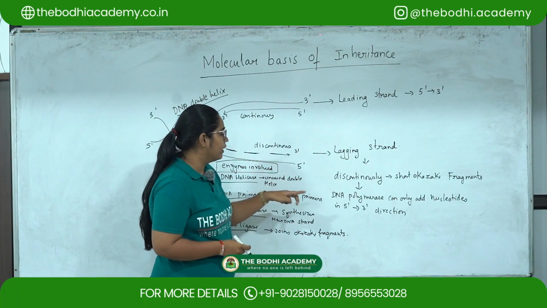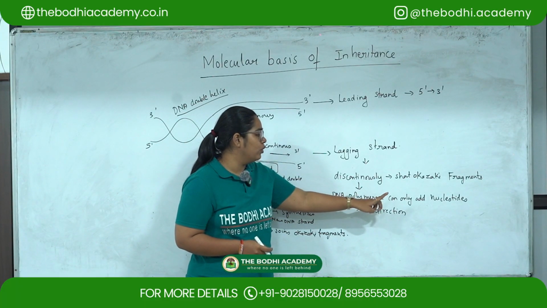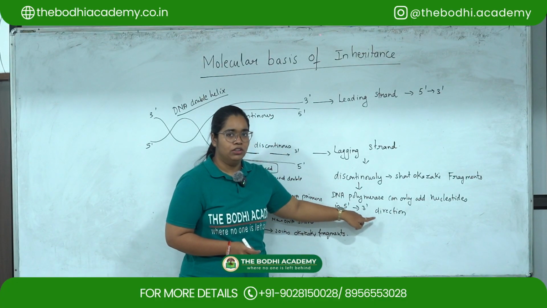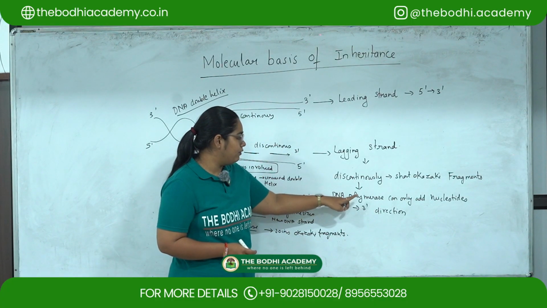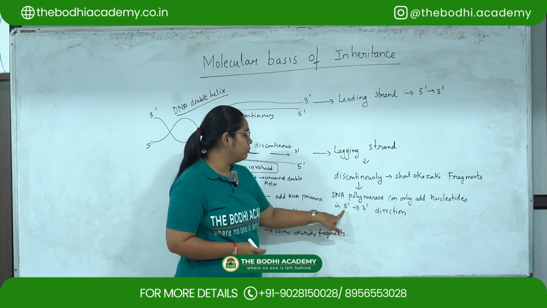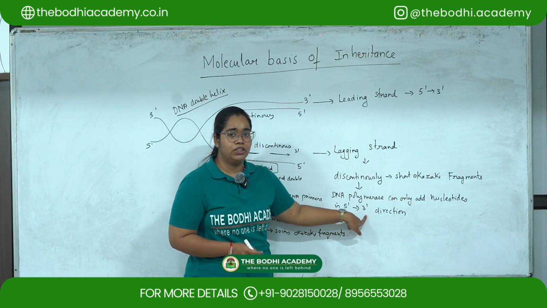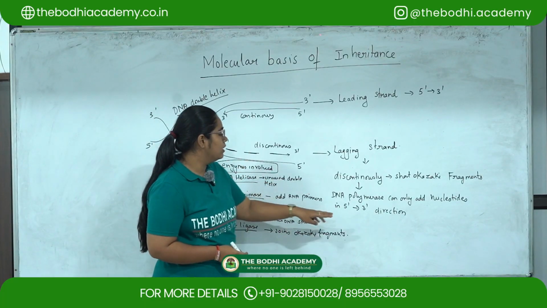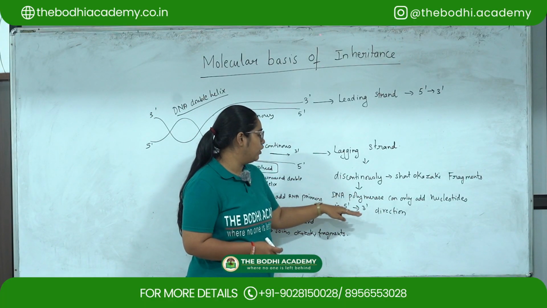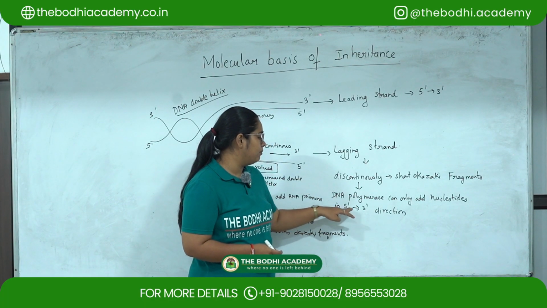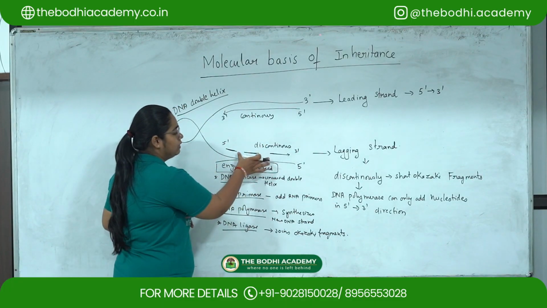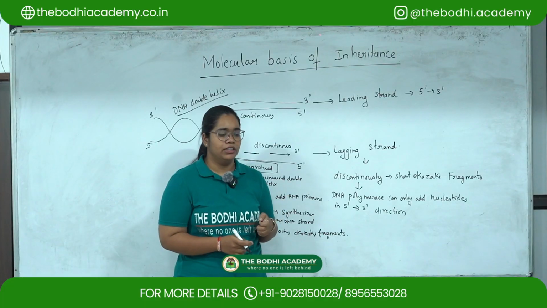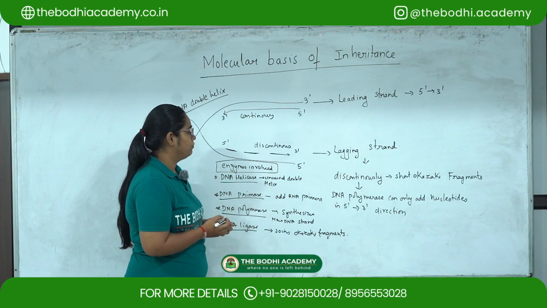This happens because the DNA polymerase can only add nucleotides in the 5 prime to 3 prime direction. If it adds nucleotides in the 5 prime to 3 prime direction, the DNA will be continuous. But if it is not forming the nucleotides in that direction, then it will be a discontinuous strand. That is why it is called a discontinuous strand on one strand.